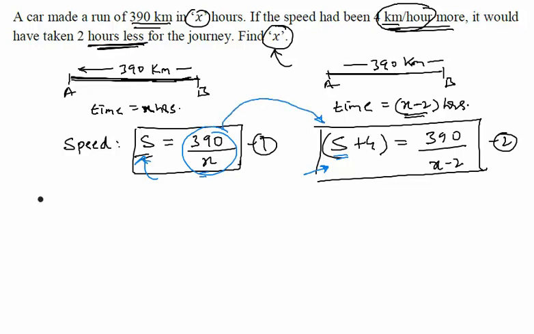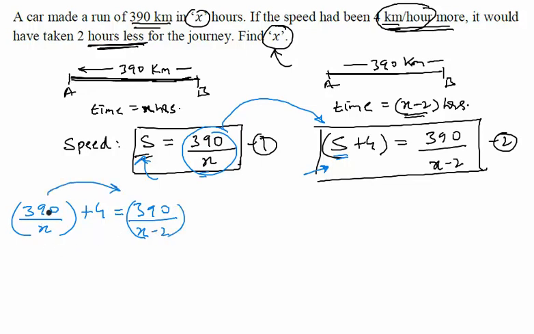The equation which you will get is 390 upon X plus 4 should become equal to 390 upon X minus 2. To simplify this, let us take this 390 upon X on one side. You will get 4 is equal to 390 upon X minus 2 minus 390 upon X.